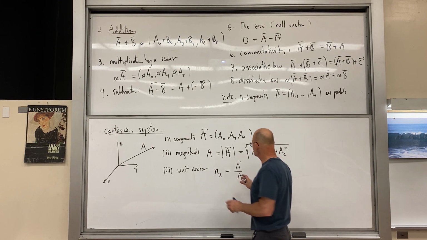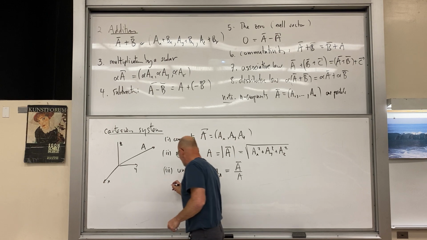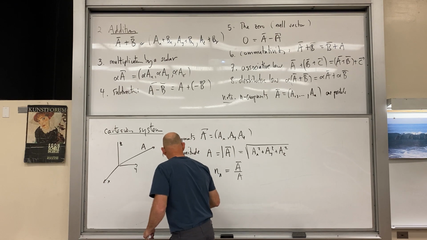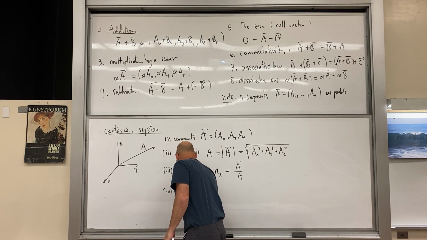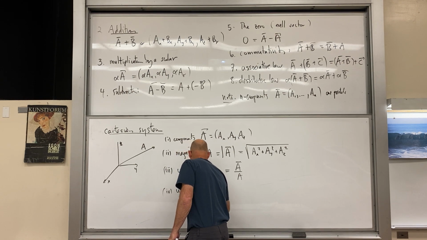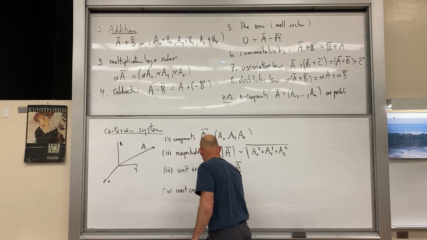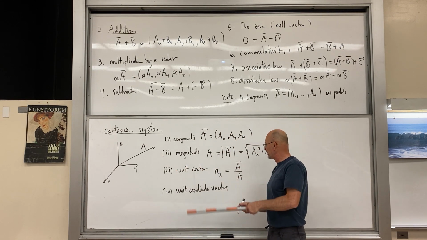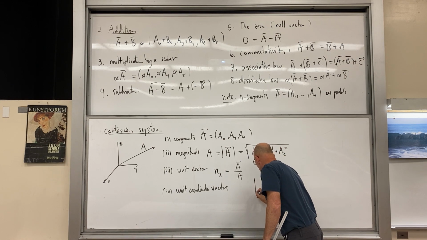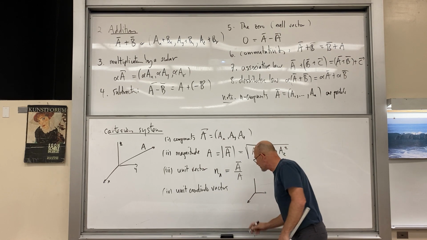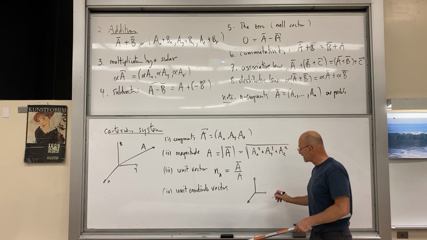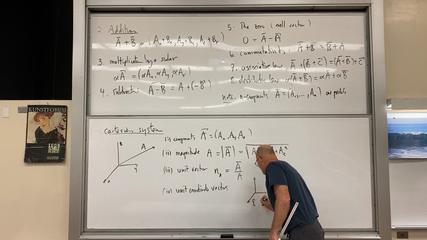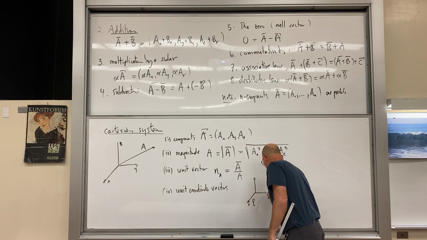And now, so we have that, we can take unit coordinate vectors. We can take this coordinate system and construct it out of three unit vectors. The x direction we call i hat, the y direction we call j hat, and the z direction we call k hat.